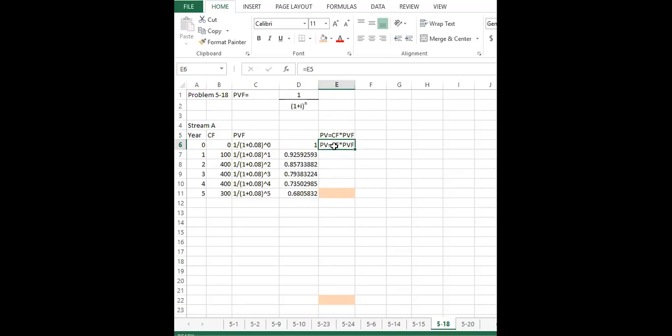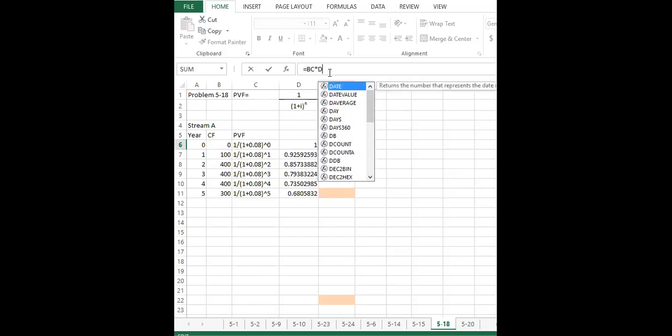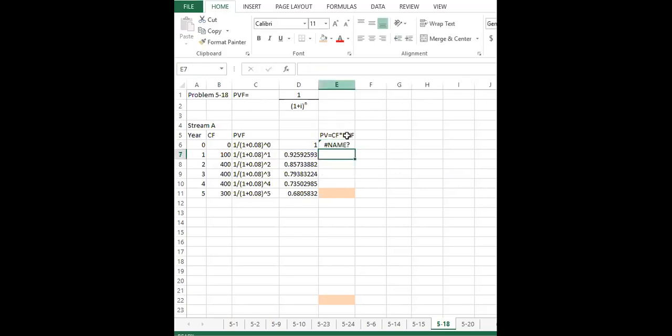Okay, so we have D6 multiplied by B6. So here are the values, and just add all these values.